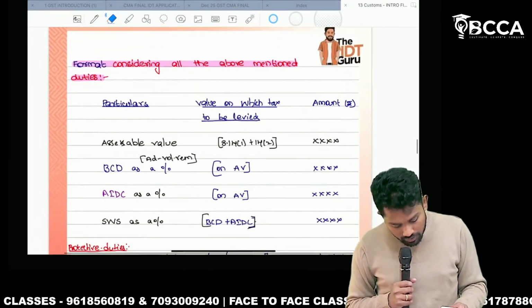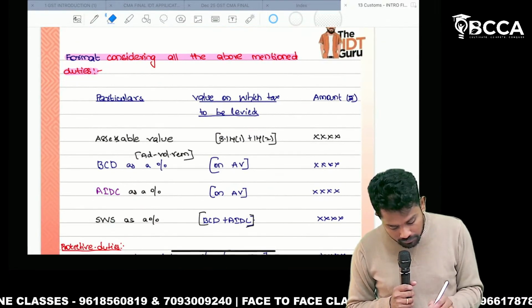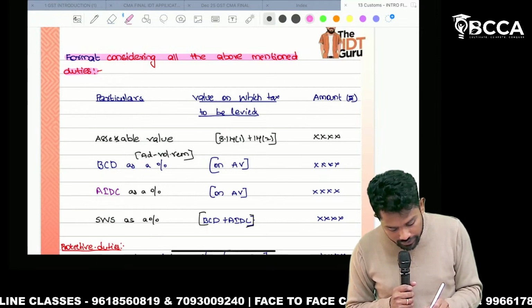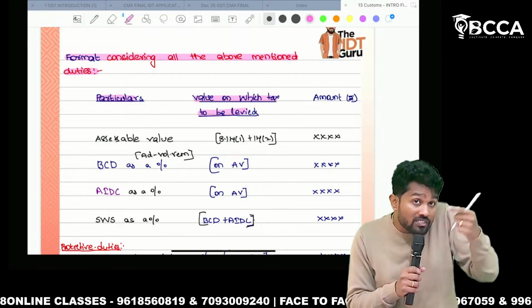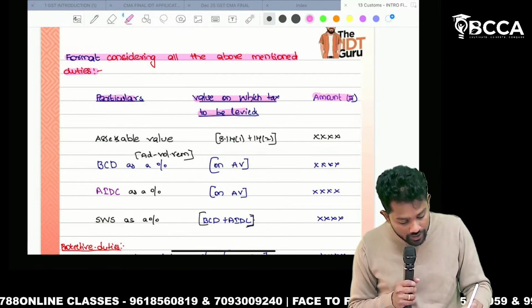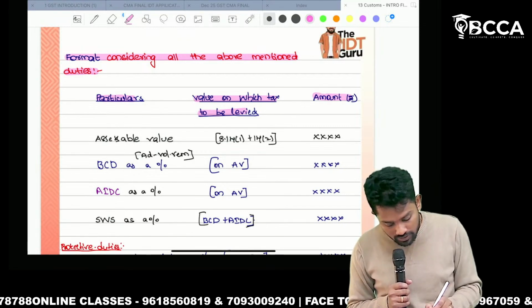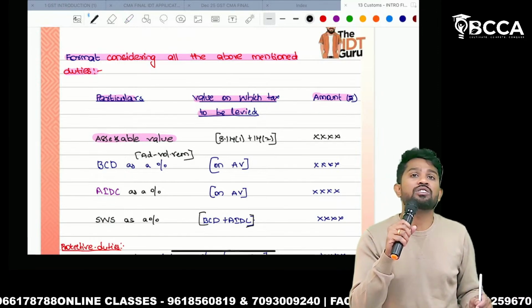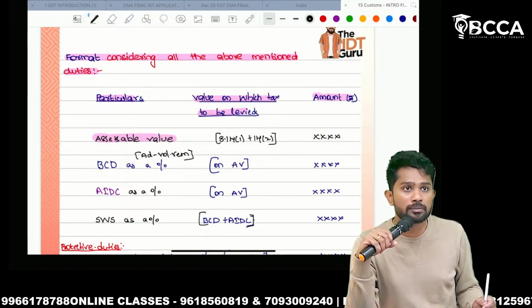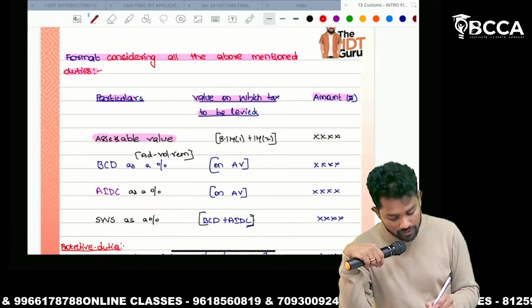Okay. Here, particulars. Here we are taking the value on which such a tax has to be levied, and the amount. First one, sir, will be starting with assessable value. Assessable value is the value on which customs duty has to be levied. How do we arrive at assessable value?